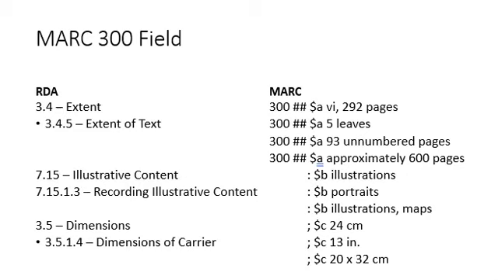In the case of unnumbered pages or leaves, we can either count them if that is reasonable to do, or estimate the number if counting is not reasonable. The list of acceptable terms is included in RDA 7.15. More on those in the next slides.